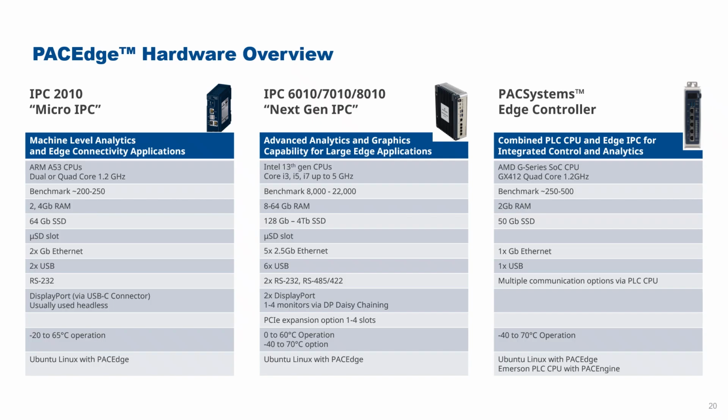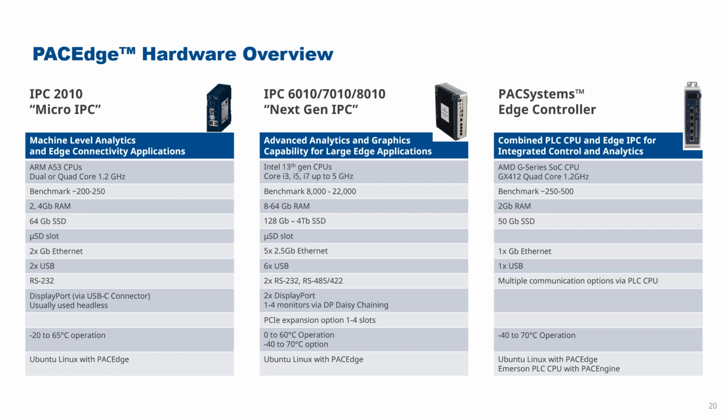But what I would say here is, this does open up the opportunity that for development purposes, you'd probably start with an IPC 6010, determine what you need in terms of functionality, and then either continue with an IPC 6010, or possibly you might find that depending on the CPU utilization and how much data you've got and how much storage you need and how much memory you're using, then that might enable that your rollout could actually use the IPC 2010. But certainly the IPC 6010 is very cost effective.